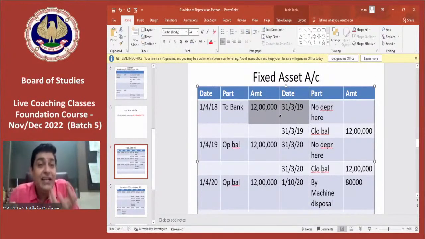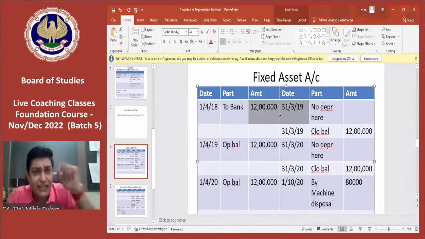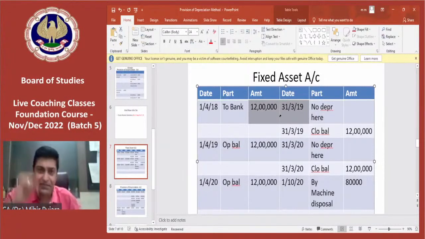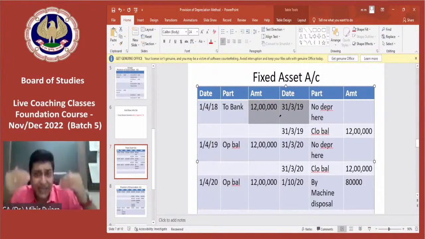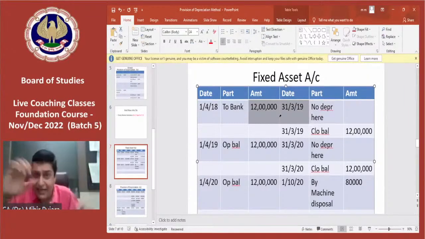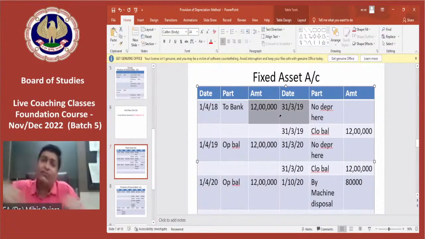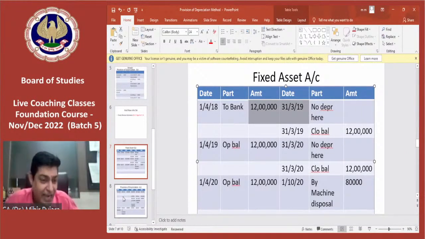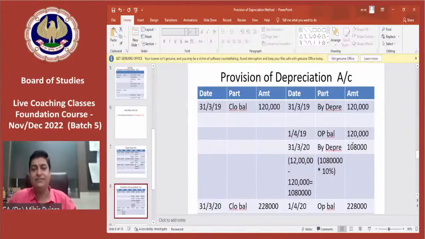So second year depreciation will be 1 lakh 8,000, guys. It will be like this, guys.